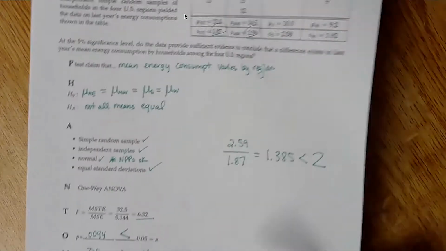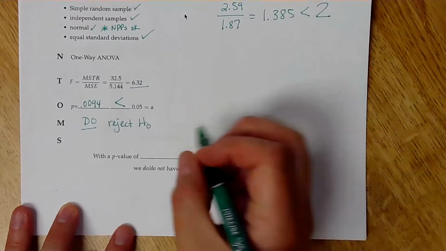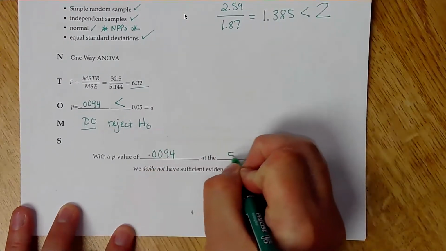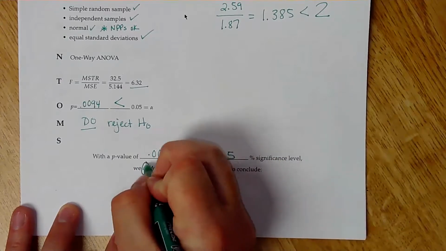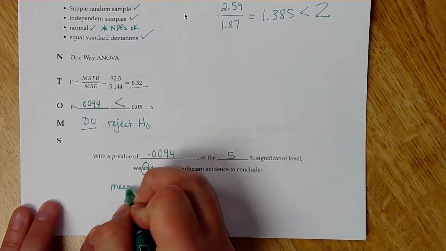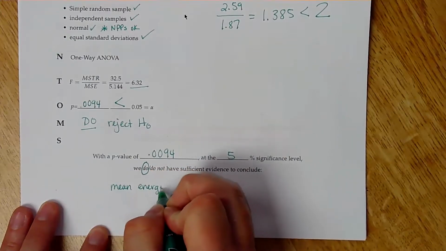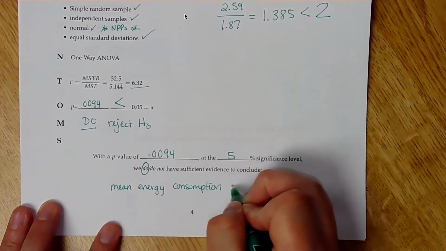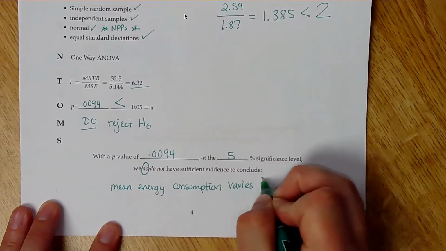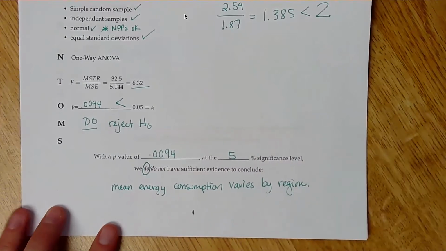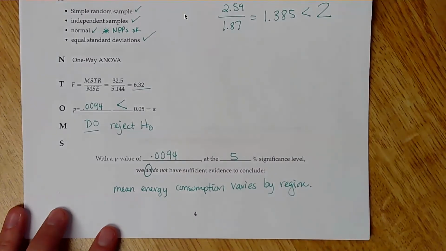Okay, so my conclusion is, with a p-value of 0.0094 at the 5% significance level, we do have sufficient evidence to conclude mean energy consumption varies by region. All right, and that is an example of a one-way ANOVA test.